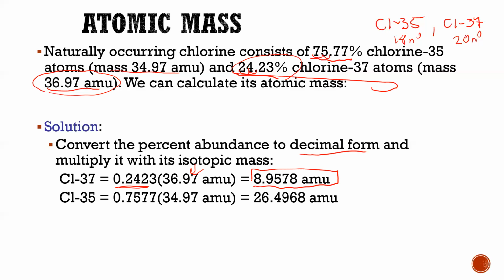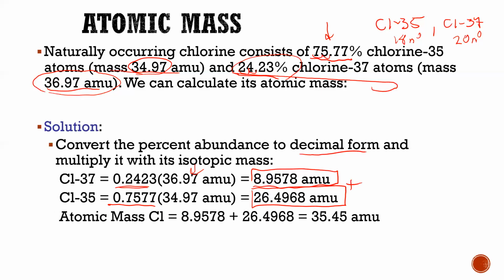And then we go to chlorine 35, which we saw the abundance was 75.77 with a mass of 34.97. We convert the percentage to a decimal by moving this over twice, and we get 0.7577 times 34.97, and we get the mass contribution for that particular isotope. So to get the weighted average, we just add these two, and we get that it's 35.45.